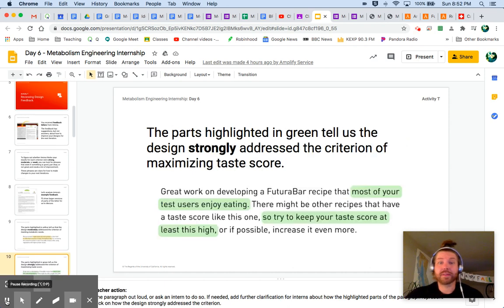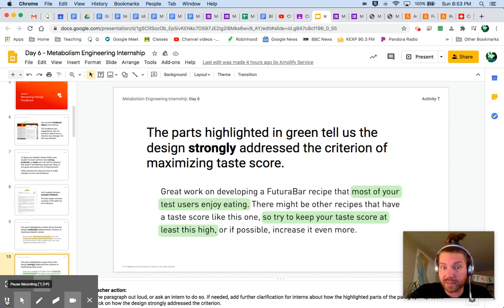Next, we're going to look at some good news. The parts highlighted in green tell us this design strongly addressed the criterion. So this is the stuff we're doing right. It says, great work on developing a Futura bar recipe that most of your test users enjoy eating. Nice, high taste score.